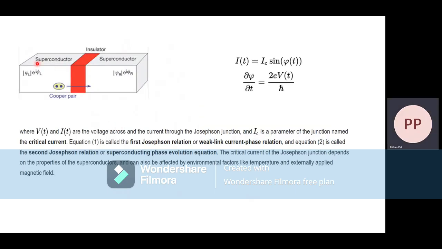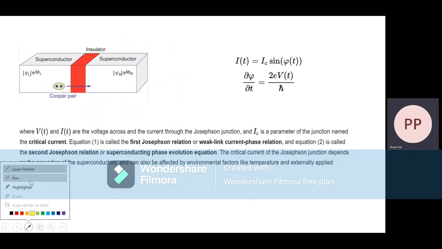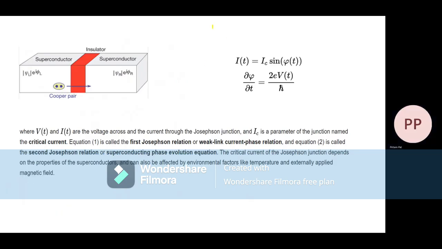So this is the typical device schematic, how it has been built. These are the two Josephson equations.